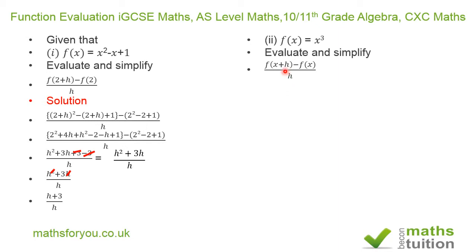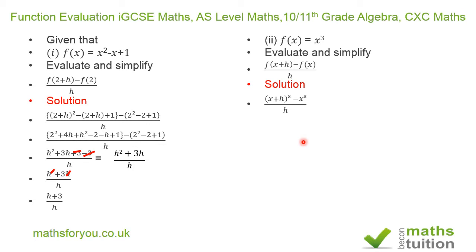Now, as before, we replace x by x plus h there. So if you've got x cubed, that then becomes x plus h all cubed, as we go there. So you've got x plus h all cubed minus x cubed, because f of x is x cubed anyway.